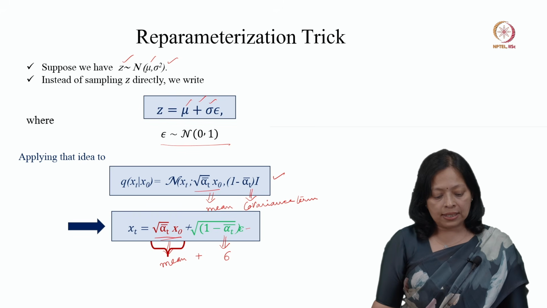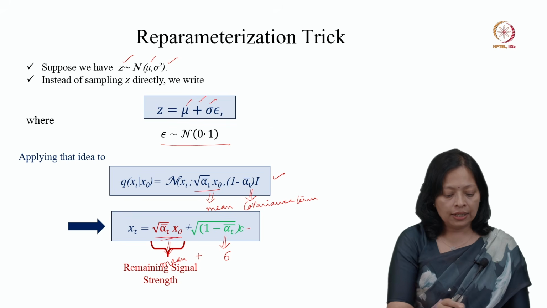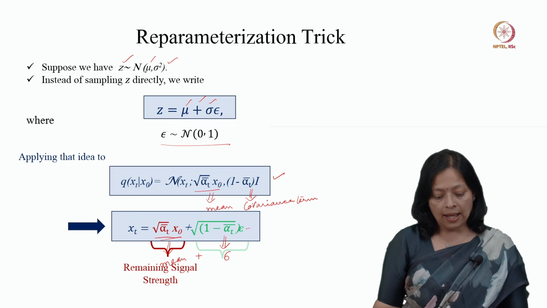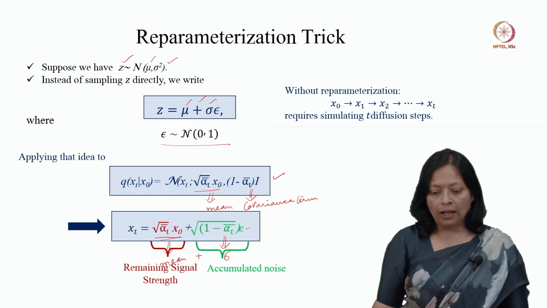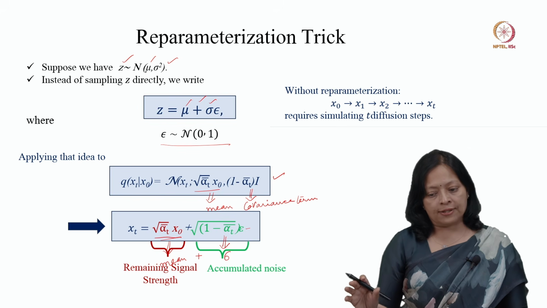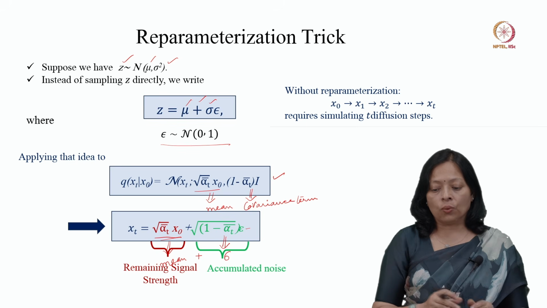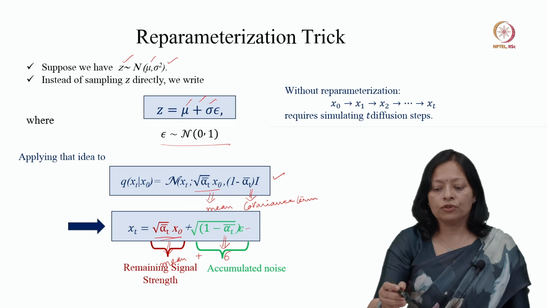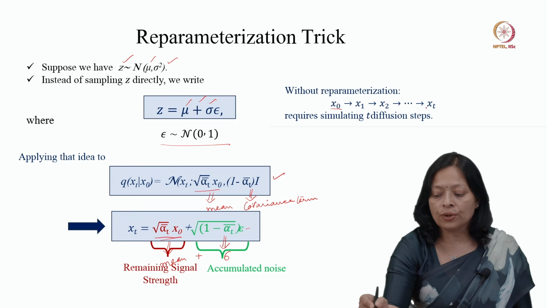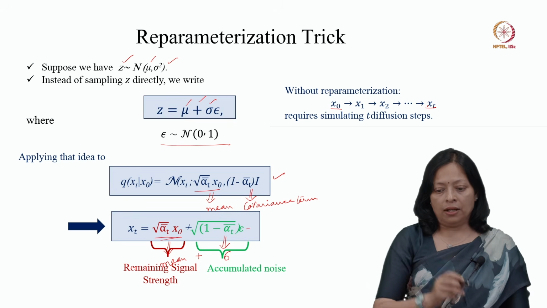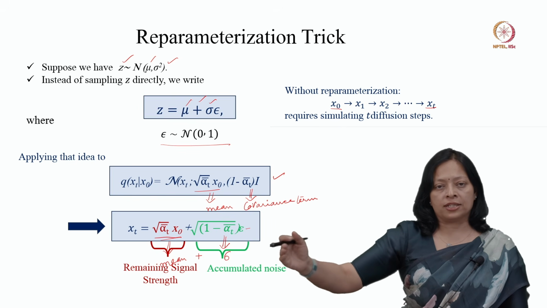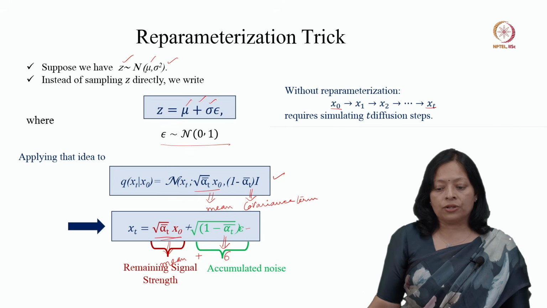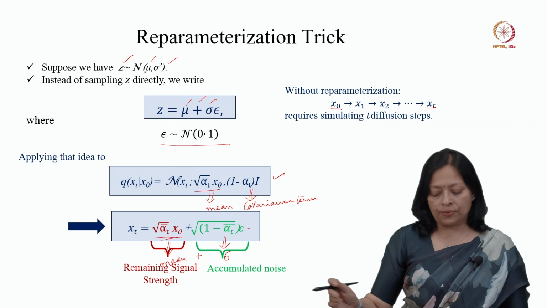So, what happens is, this is basically your remaining signal strength and this is your accumulated noise. Okay. So, without the reparameterization, if we require to find x_t, I have to go from x_0 to x_t in several steps, x_0, x_1, x_2, x_3, x_4 till x_t. It requires t diffusion steps. Okay.